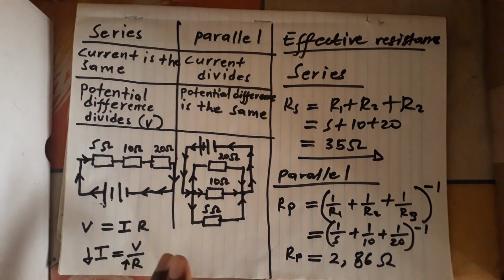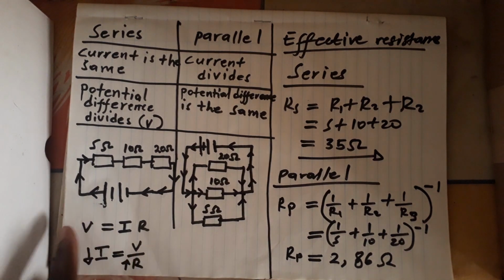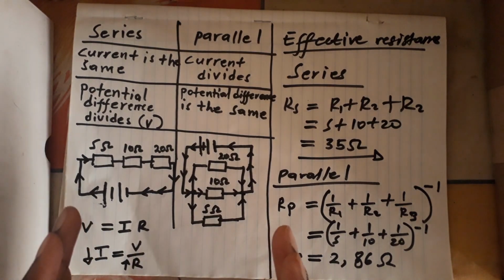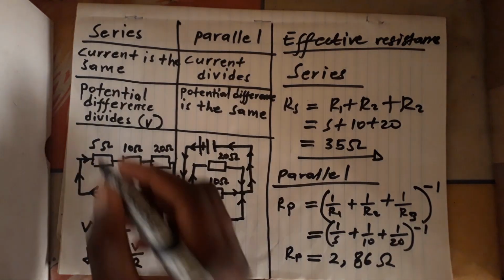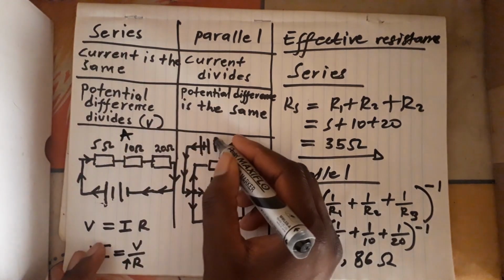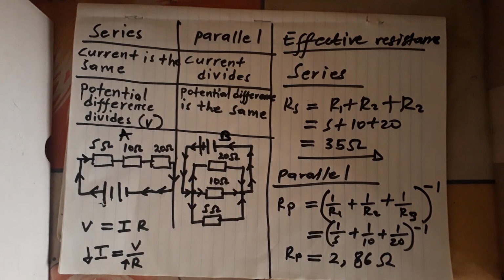The relationship between current versus resistance, potential difference versus current, just like that. I want us to compare these two circuits. Let me say this is circuit A and this is circuit B. Which circuit is going to have a high total current?